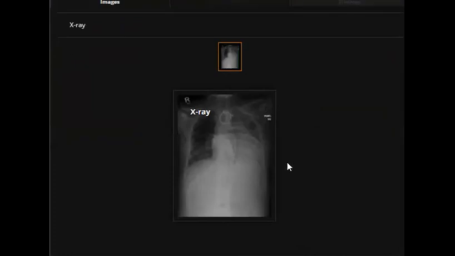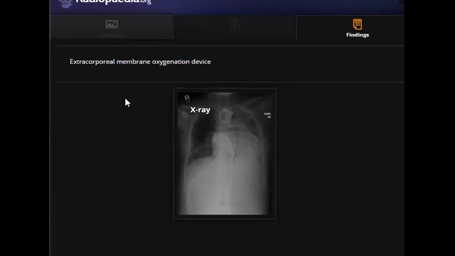You can see these tubes, right? And maybe I can show you, yeah, this is the extracorporeal membrane oxygenation device. Maybe I will also show another example for it.